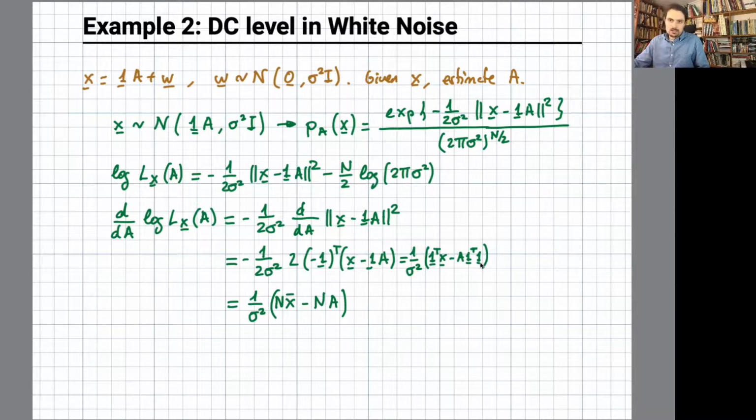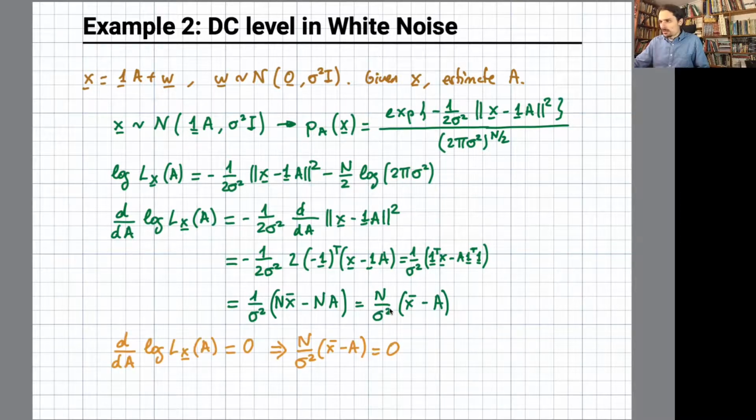Because these vectors have length n. Now we can just take n outside and set this equal to 0 to obtain this equation. Solving for a gives us therefore the maximum likelihood estimator, right? So here obviously a needs to be equal to this sample mean.